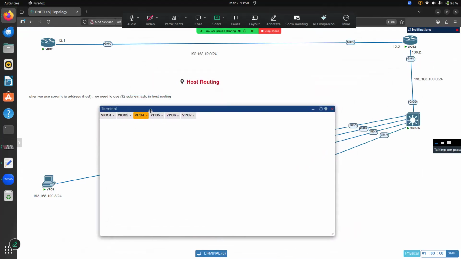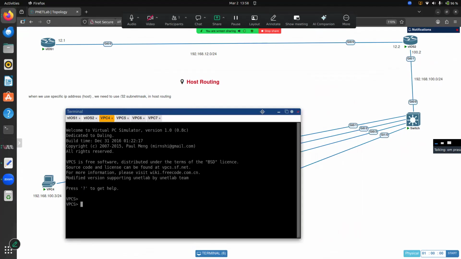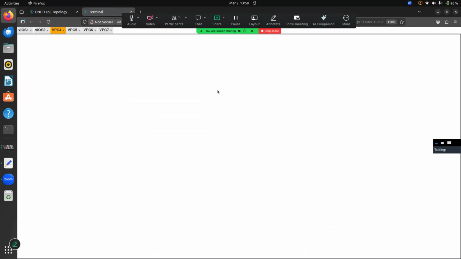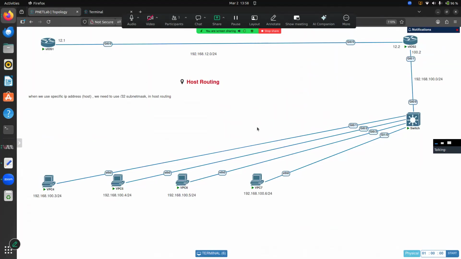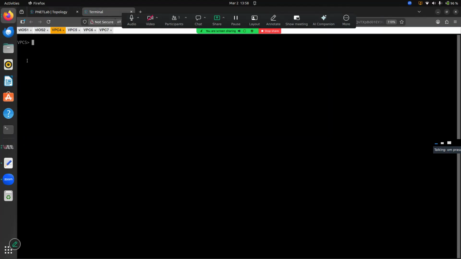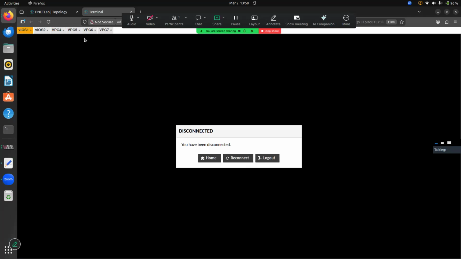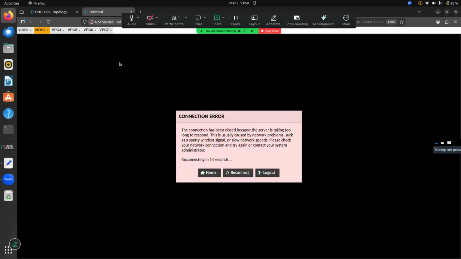You have to configure the IP addresses first. See the topology, and we will do that. We connect.